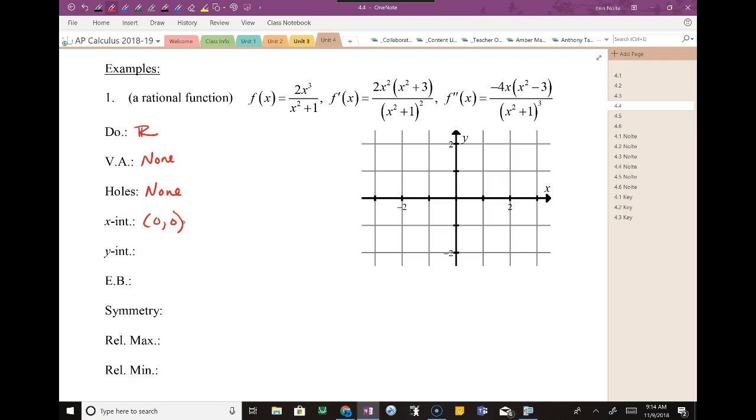Set the equation equal to 0. With a rational equation, set the top equal to 0. For the y-intercept, we're going to set x equal to 0. So where do we find a y-intercept? 0.